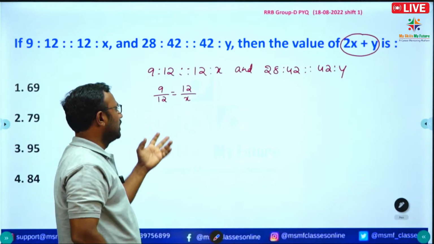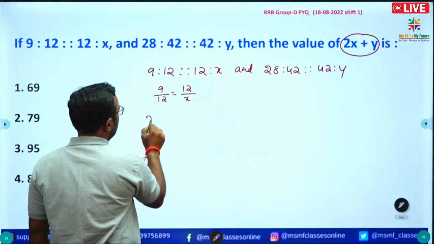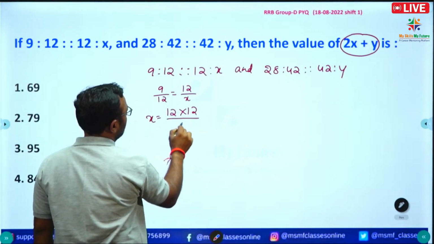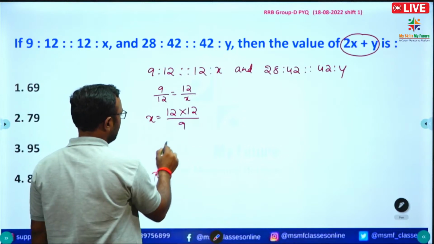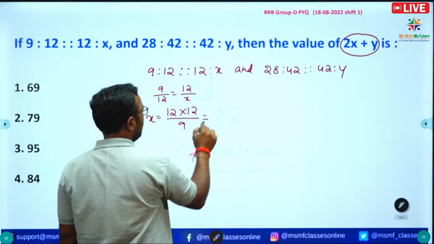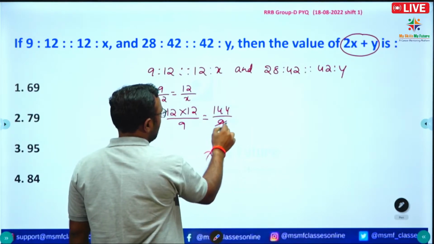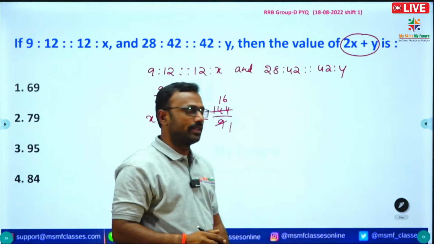So 9 by 12 equals 12 by x. So x equals 12 into 12 by 9. We know 12 square is 144, divided by 9: 9 ones are 9, 9 sixteens are 144.